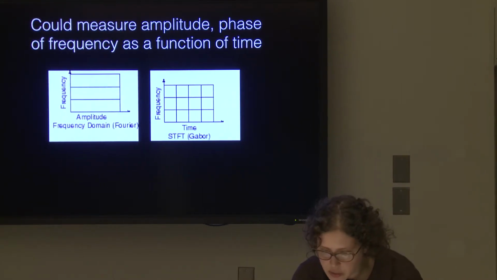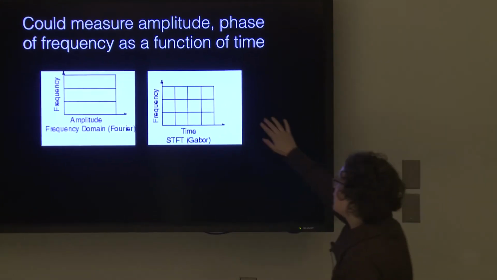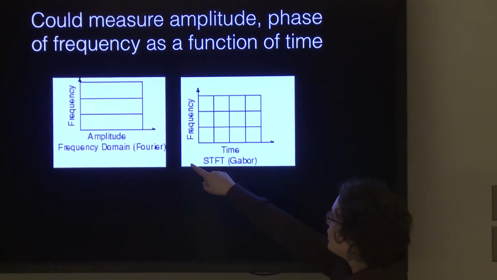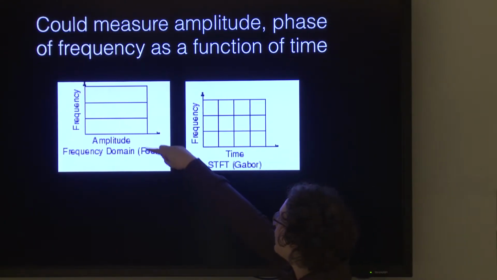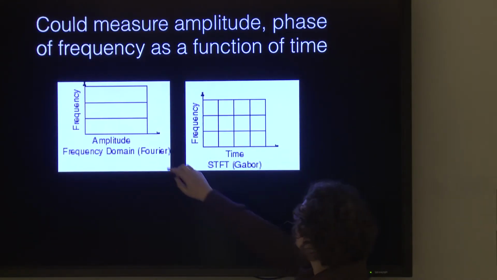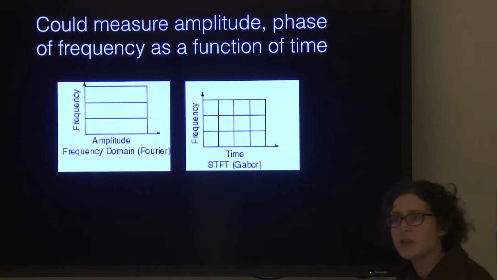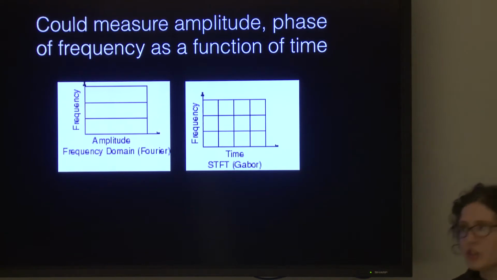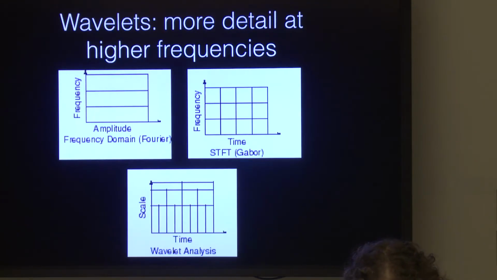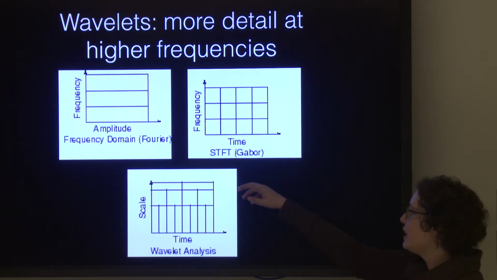You could do a transform where, with a Fourier transform, you have frequency and amplitude. You could divide up your data into different chunks and take a Fourier transform for each of those. What a wavelet transform does is that it also looks on different scales.